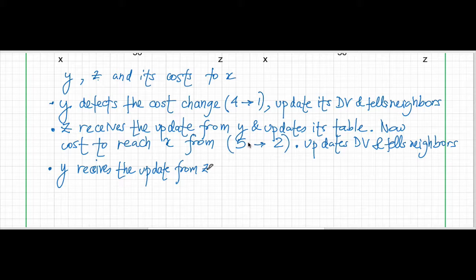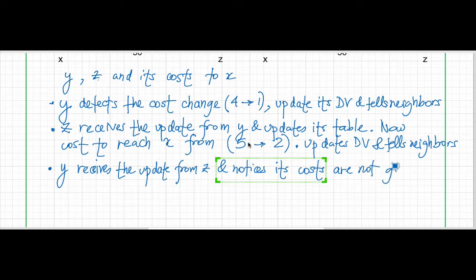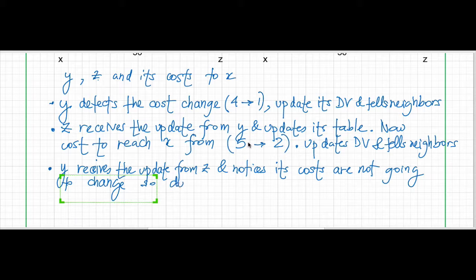And again, Y updates its tables and notices its costs are not going to change, because Z is not providing any new path at a lower cost. So it does not send any updates.